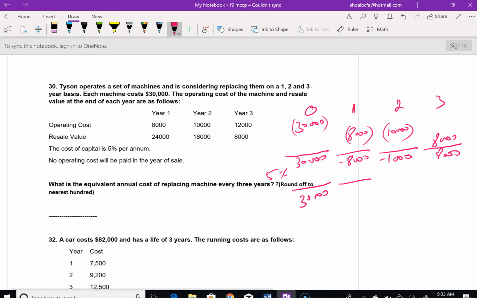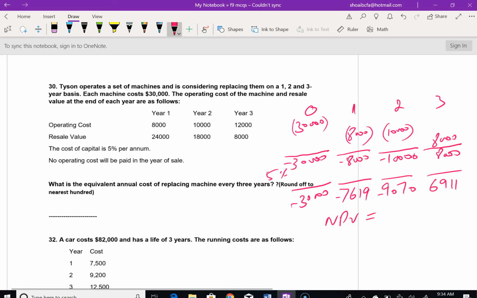What is the approximate present value of 8,000? That is 7619. These both are in negative number. This is 10,000, 9070, and this is 6911.